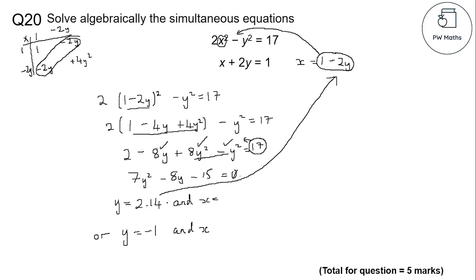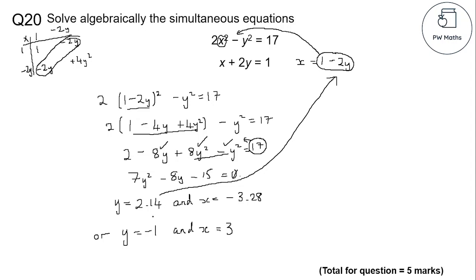So I'll get this 2.14 and I'll type into the calculator 1 minus 2 times 2.14, and it tells me x is minus 3.28. And then I'll do the same with this minus 1. 1 minus 2 times minus 1 equals, and it tells me x is 3.